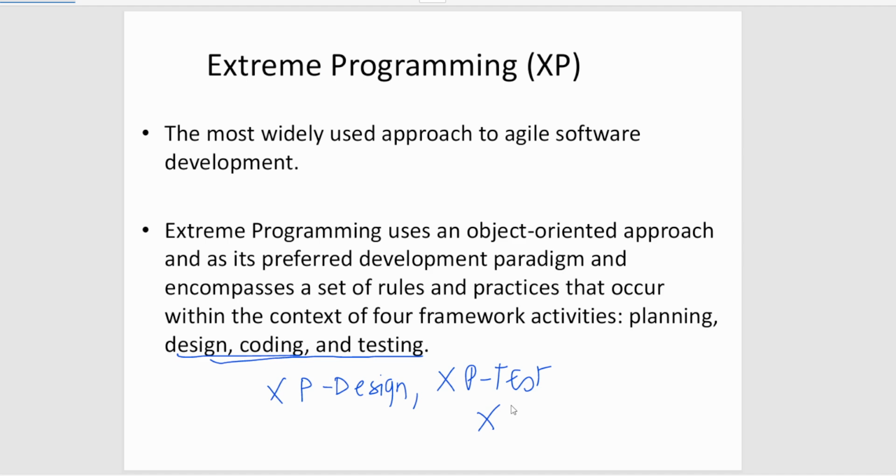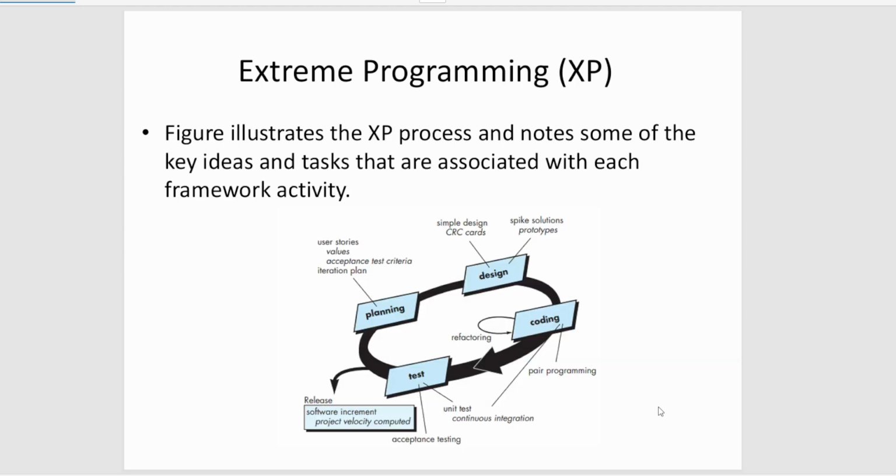Okay, these are the words that we use in the books, in your literature. We won't be using these terms here in the slides, but when you go through the books in your course, you might come across these words called XP design, XP test, and XP coding. So these are some of the pillars, the building blocks of extreme programming.